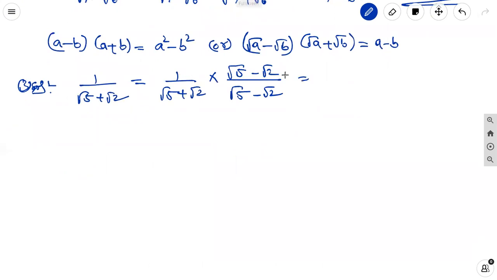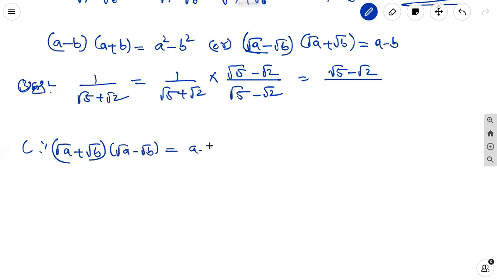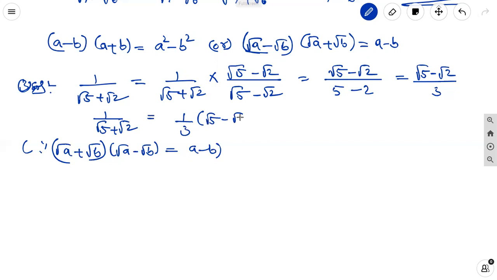Again here 1 into root 5 minus root 2 is root 5 minus root 2 by, again we apply the formula: root A plus root B into root A minus root B equals A minus B. So it is 5 minus 2, that is equal to root 5 minus root 2 by 3. So 1 by root 5 plus root 2 equals 1 by 3 into root 5 minus root 2.